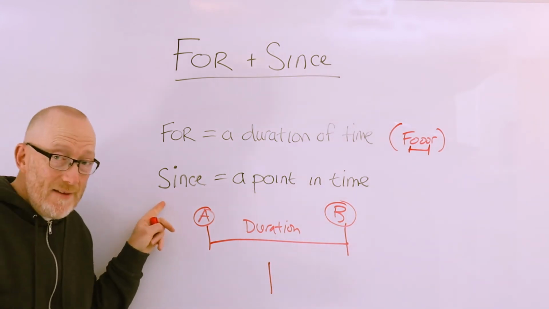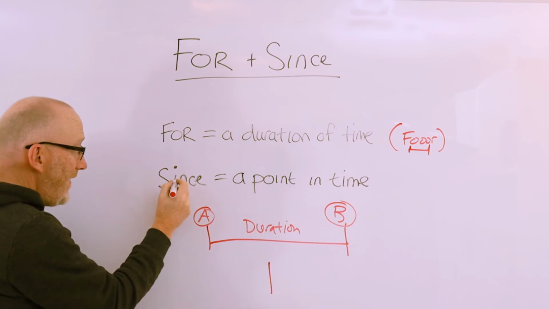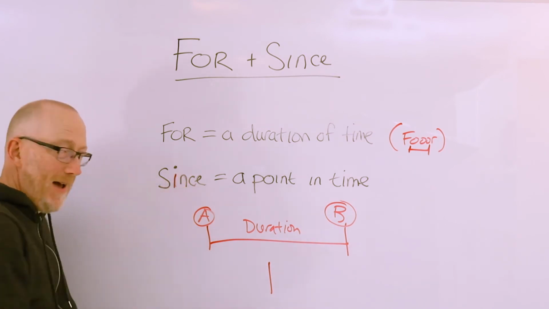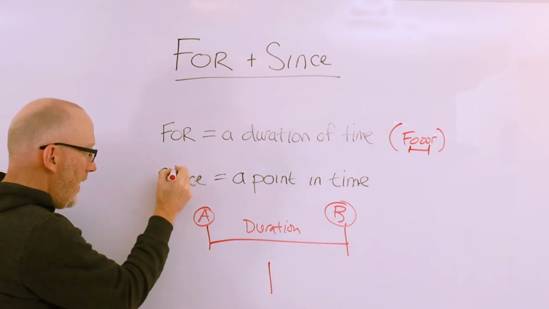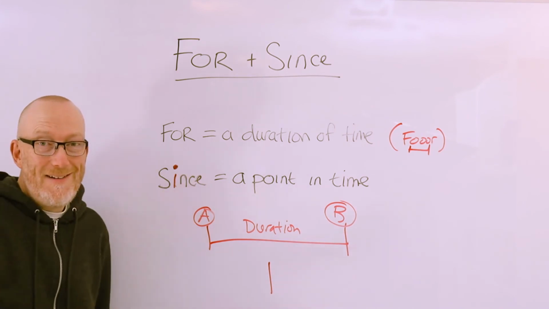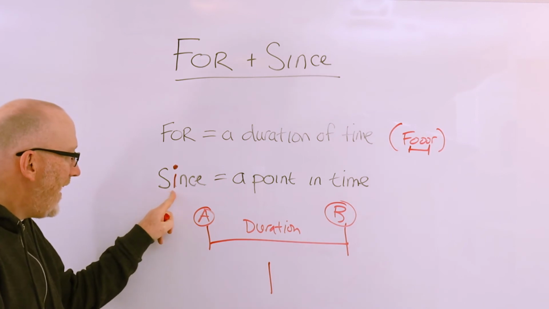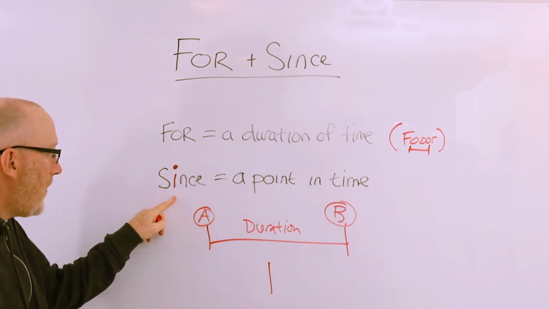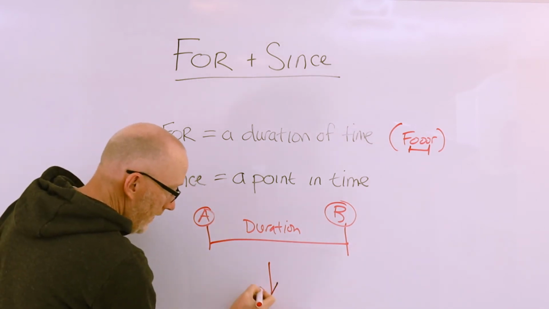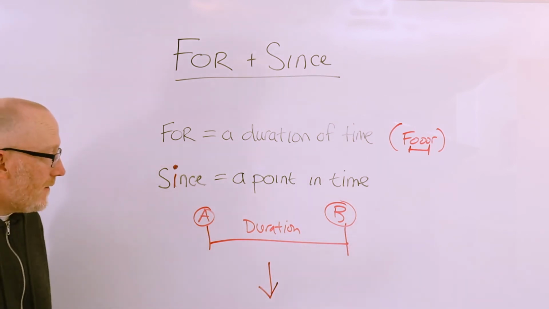Now, since, okay, has the letter I, and the letter I requires a point above it to create the letter I. So that should help to remind you about the point in time element of since. Yeah.